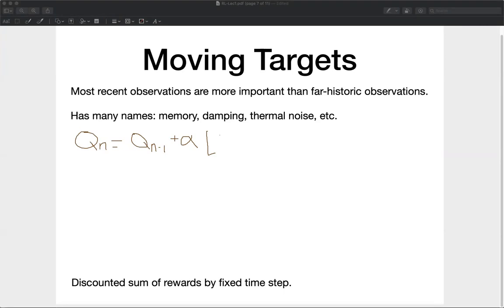And then here's the error term: the return for that nth action minus your previous estimate.